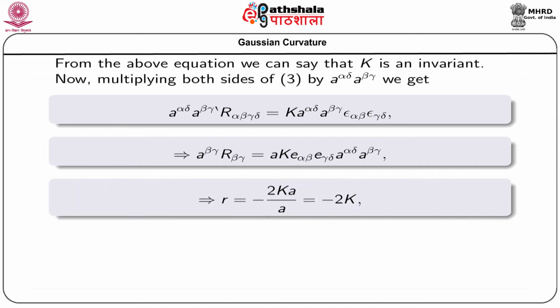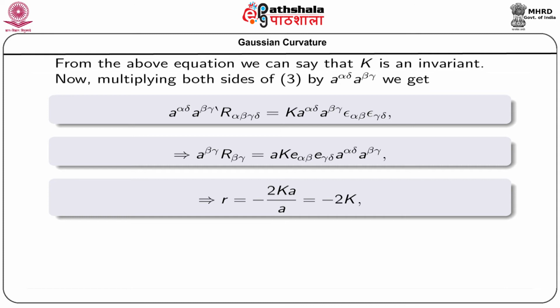Again, on the left hand side, the operation a beta gamma R beta gamma gives R, the scalar curvature of the surface, and on the right hand side we get minus 2 K a by a, that is equal to minus 2 K.